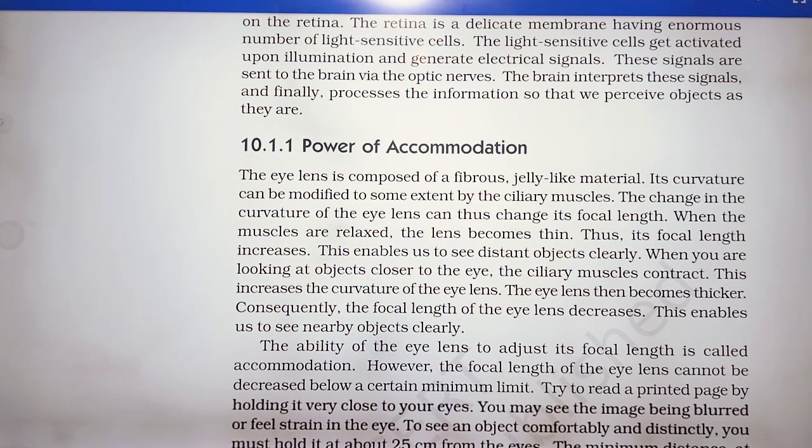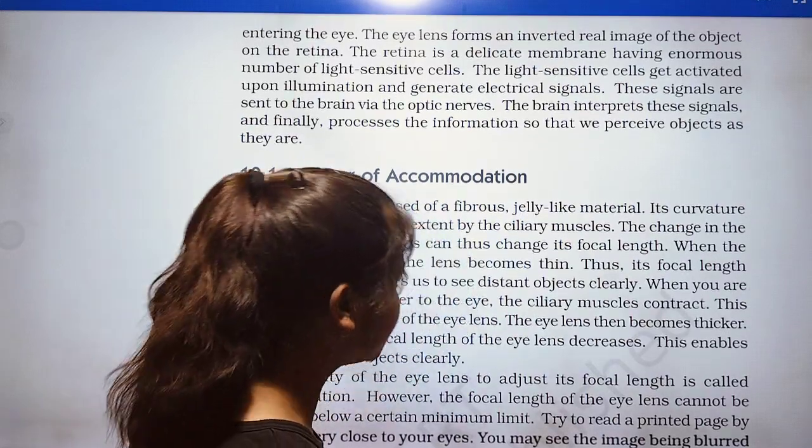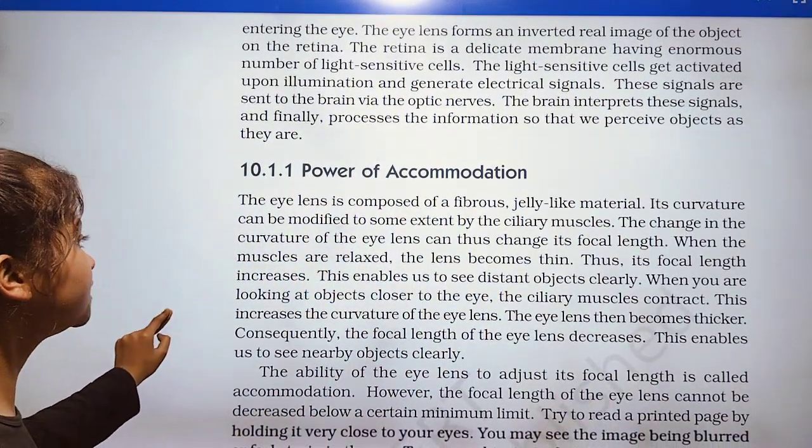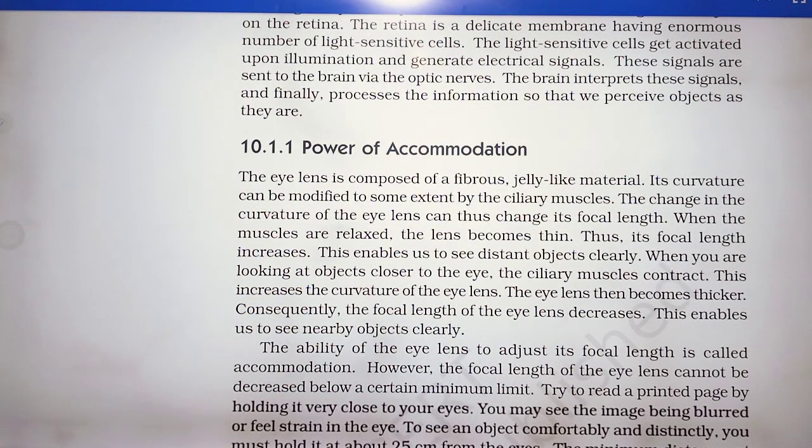The change in the curvature of the eye lens can thus change its focal length. When the ciliary muscles are relaxed, the lens becomes thin, and thus its focal length increases.